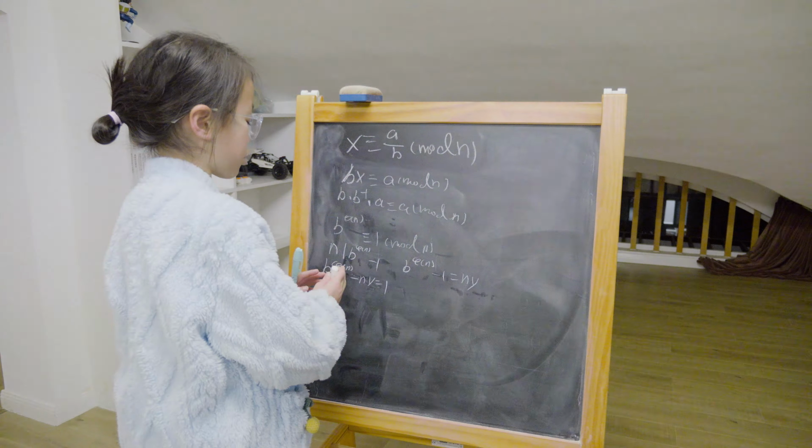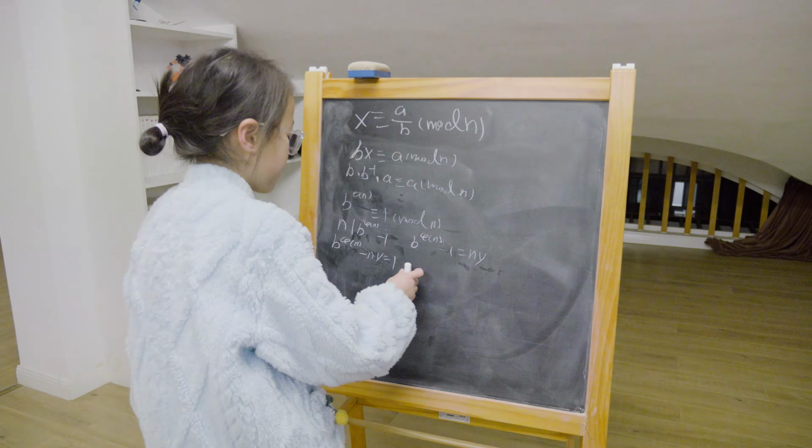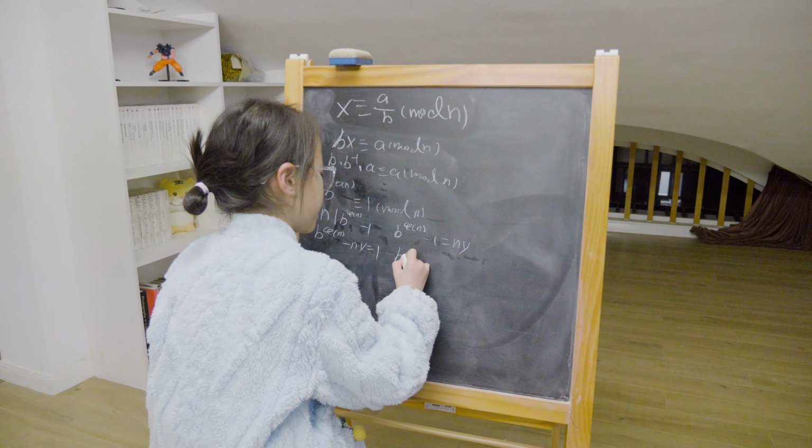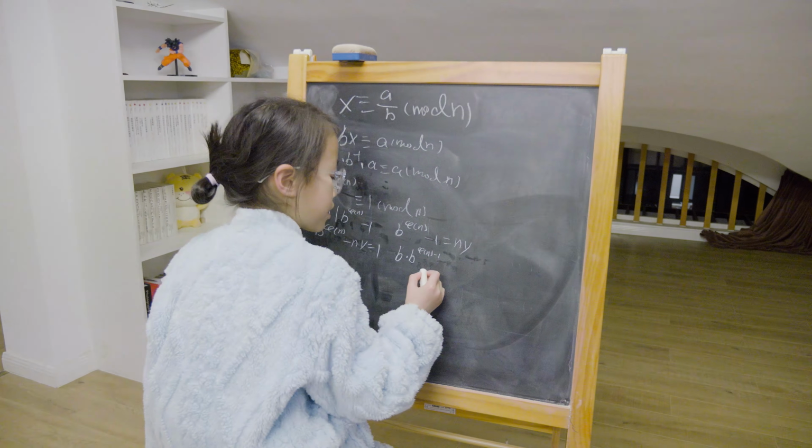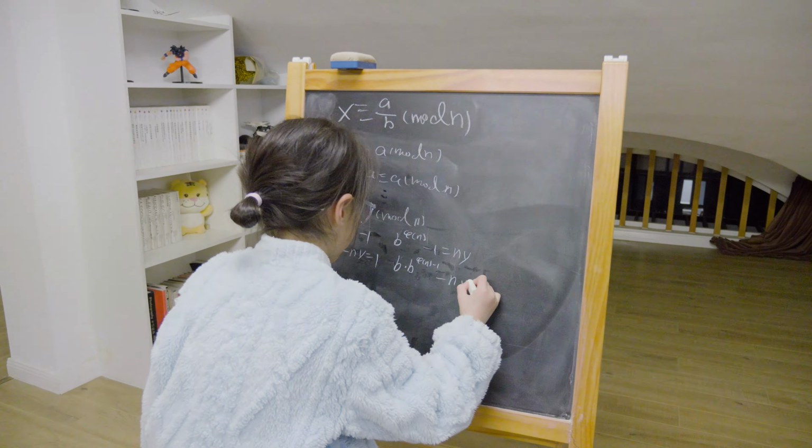If we separate it, we have b times b to the phi of n minus 1, minus ny, equals 1.